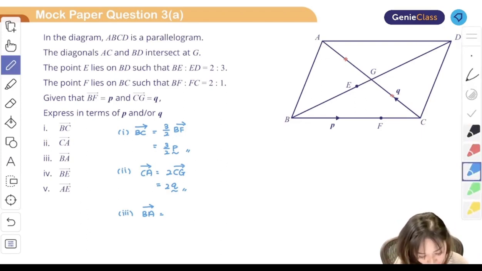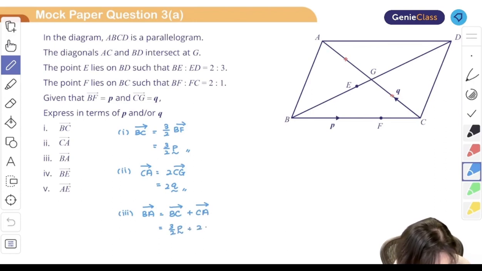Of course, there are other ways to do it as well, and you are free to explore all the other options. But personally, I'll do BA equals BC plus CA. So BC I know is 3 over 2p and CA is 2q.